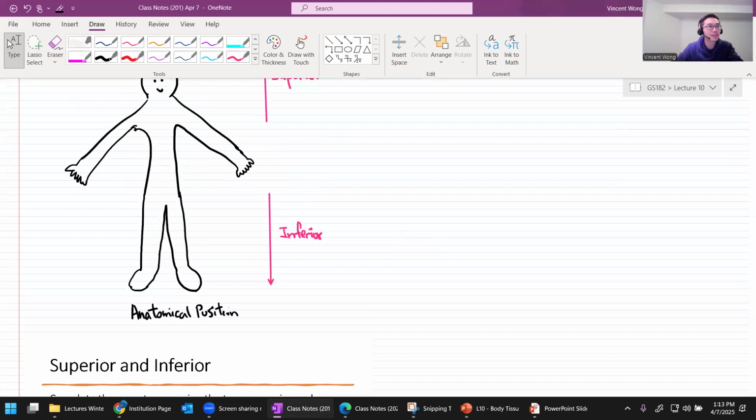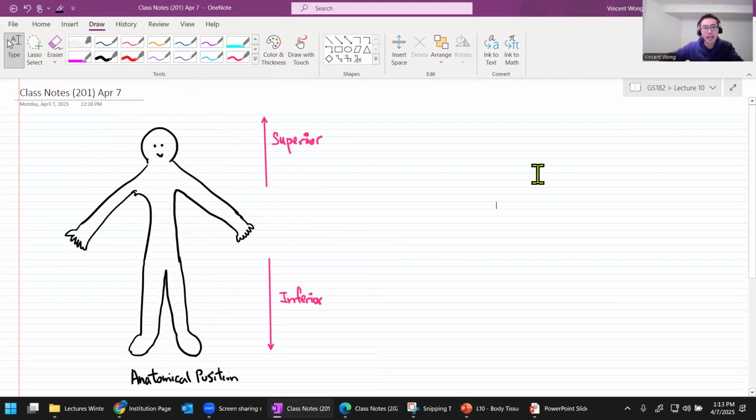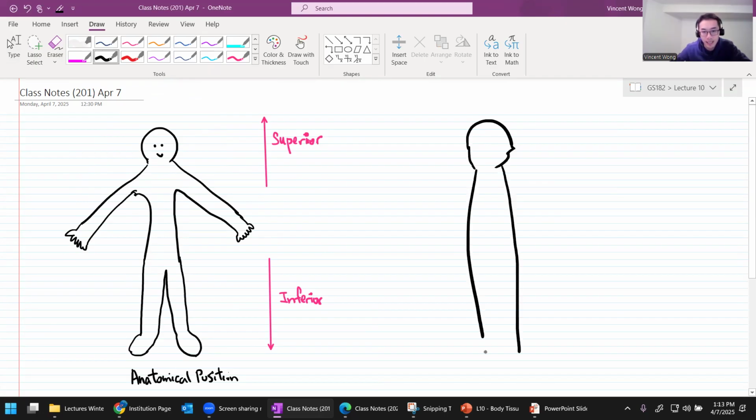The next set of rules we have would be, let me see what's in the PowerPoint. Okay, anterior and posterior. So we can look at the person from the side here, and we might have to draw another one here. This is from the side. The person is standing, and the hands just like before.